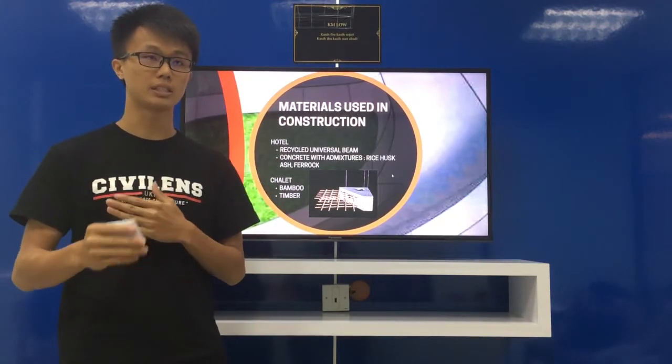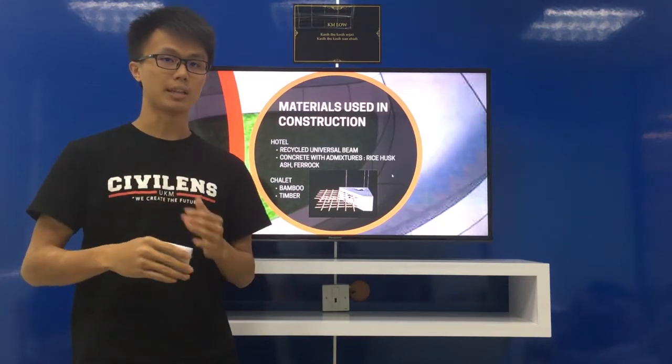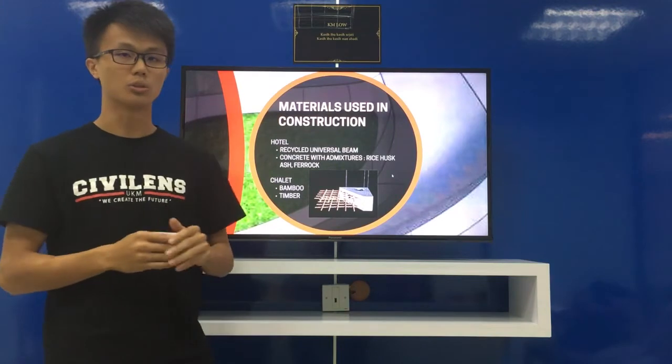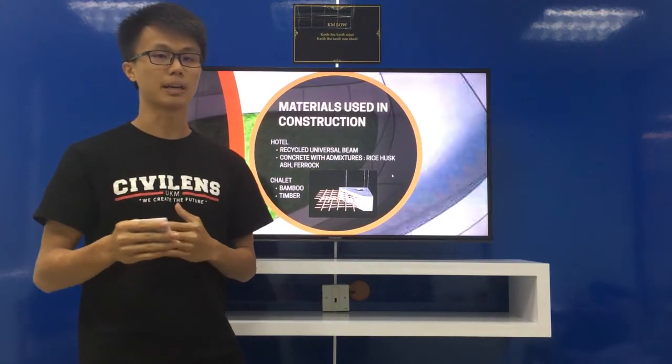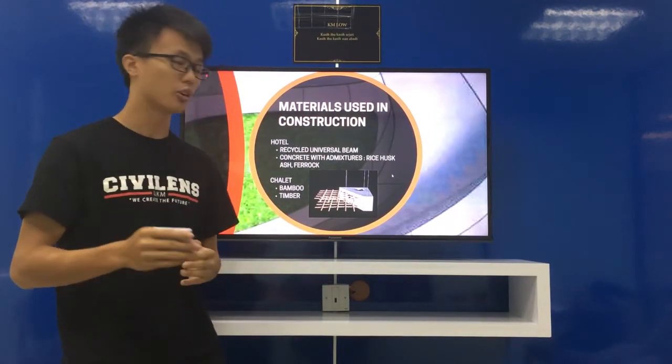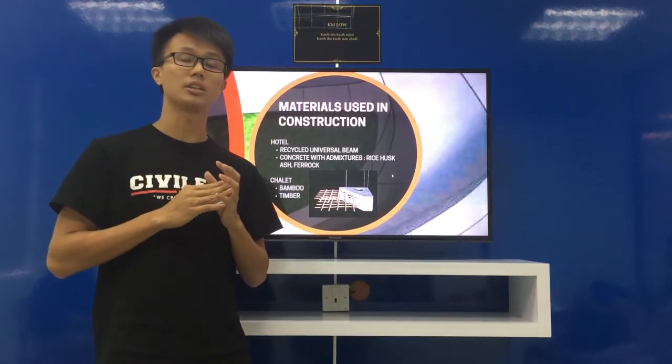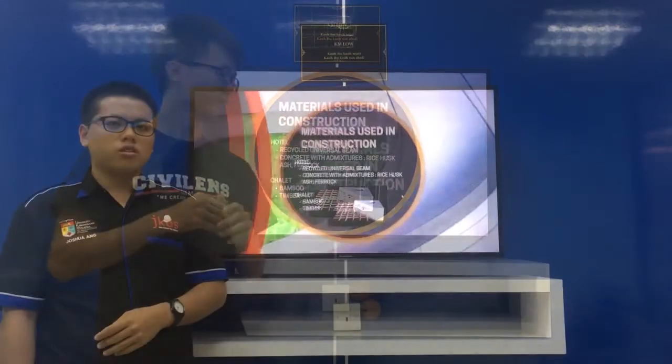So to prevent this from happening, we are using the rice husk ash to replace the cement when making concrete. And for information, the pricing of rice husk ash is about $90 per ton.